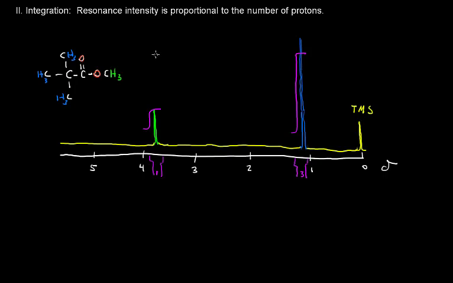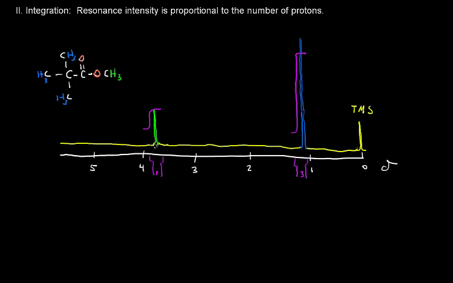We saw this molecule, this spectrum earlier. So in this molecule, we've got two different types of protons, two different chemical environments. We've got this type of proton resonating here, and we've got these 9 protons that are all chemically equivalent resonating here, farther upfield. So the spectrometer, when it takes the NMR spectrum, will integrate the area beneath these resonances.